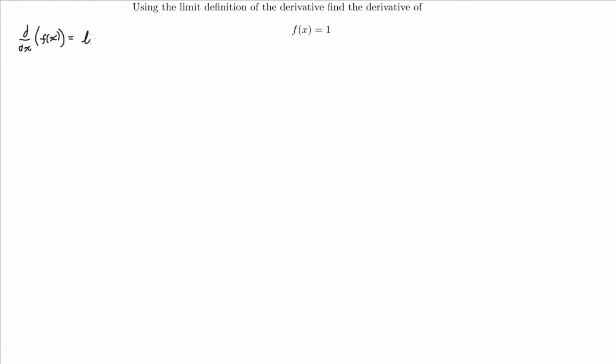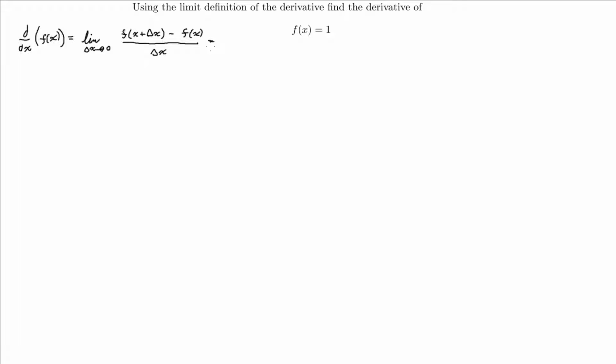So we have limit as delta x goes to 0, that should be an arrow, of f of x plus delta x minus f of x, and then over delta x, right?